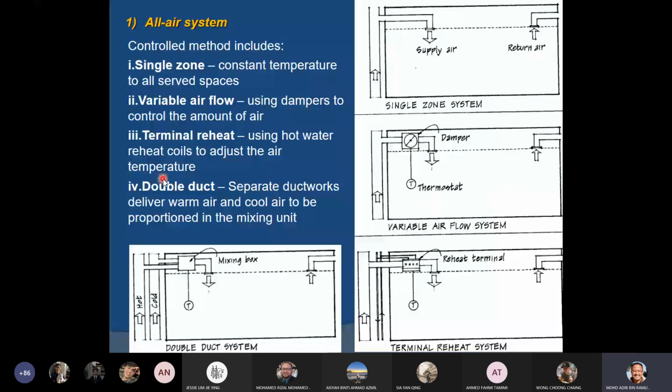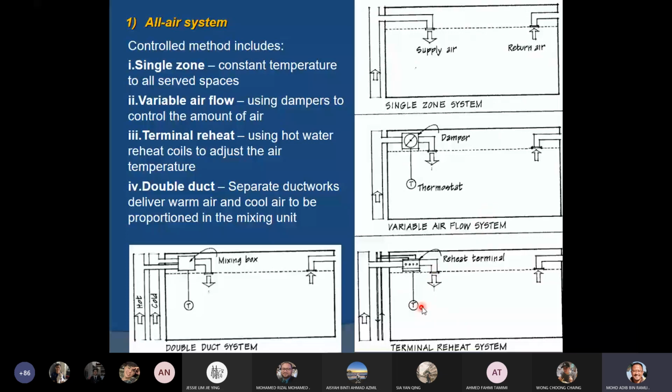So the third one is terminal reheat, using hot water reheat coils to adjust the air temperature. In this system, basically, there is an introduction of these hot water pipes. Because of the hot water pipes, the temperature of the air can be controlled, depending on the number of reheat terminals. Maybe you have this reheat terminal at a few different places.